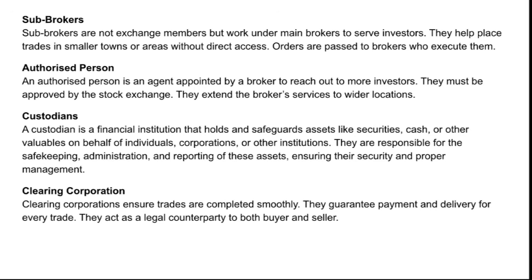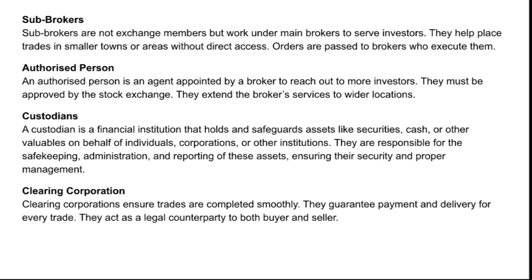Okay. Next is sub-brokers. Sub-brokers are not exchange members, but they work under the main brokers to serve the investors, because these stock exchanges cannot reach every small town and village, right? So they depend on these sub-brokers who would go and ask the investors to invest, and their orders are passed to the brokers who would finally execute them.